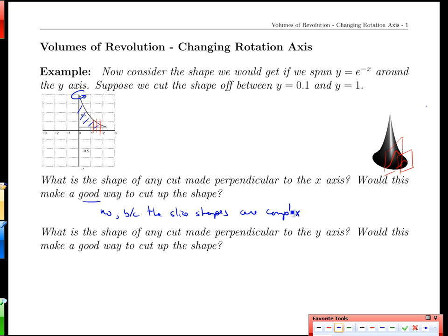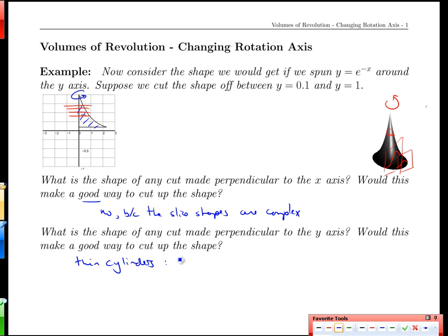In contrast, if we cut instead into horizontal slices, that would translate into circles. Because of the way this was generated, spinning around the y-axis, when we cut perpendicular to that axis, we're going to get circular shapes. So if we cut this way, we're going to get thin cylinders.